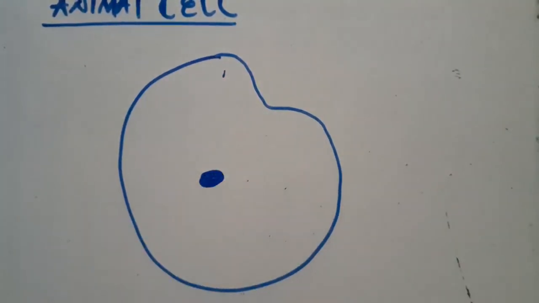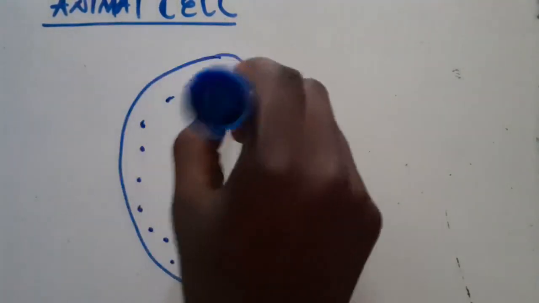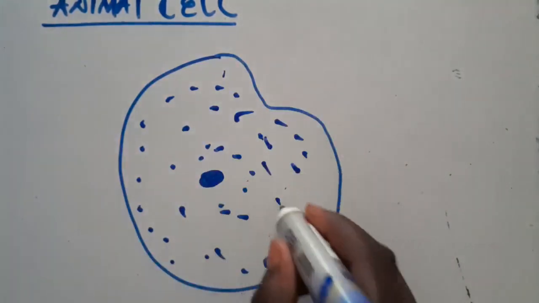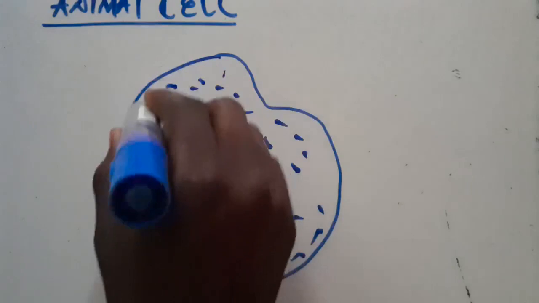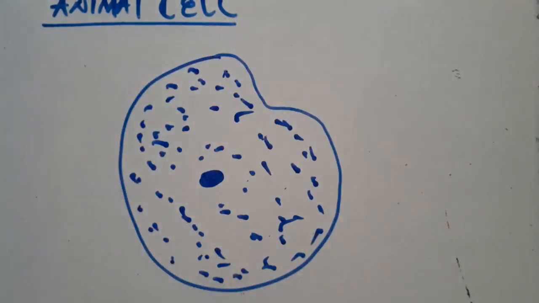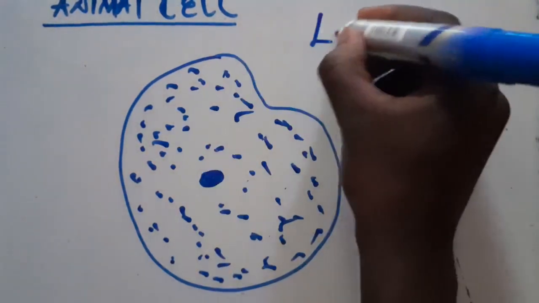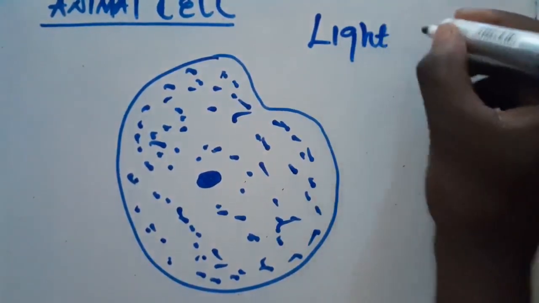This spot, we said that it is a nucleus, and again there is this thick jelly fluid called the cytoplasm. So there are three parts when you are using what? A light microscope.